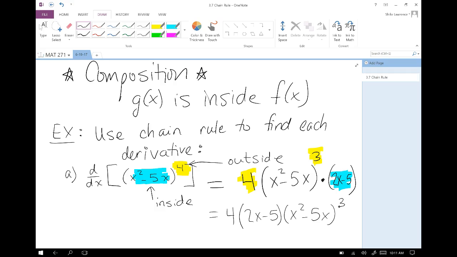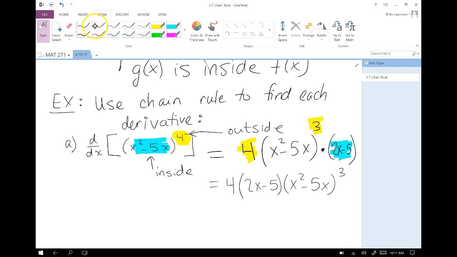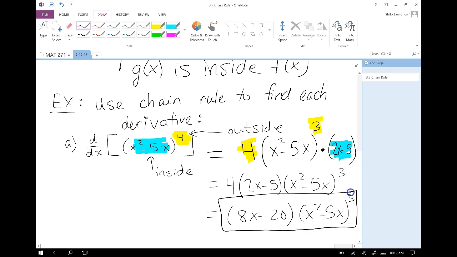We can't, because it's got a cube on it, and order of operations says you have to do powers before multiplication. So unless you want to FOIL out that x squared minus 5x cubed, you leave that piece alone. We could, if we wanted to, say this is 8x minus 20 times x squared minus 5x cubed. There isn't really much more we can do with that unless we want to start FOILing things out.